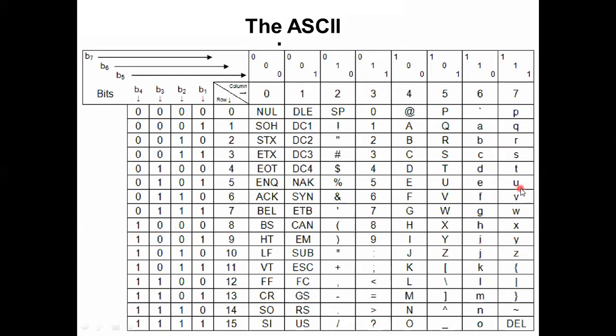Some special symbols are also there: inverted commas, percentage, dollar, hash. Delete key, null key, and SP means space, for the space key. How do we represent all these alphabets and the numbers 0 to 9?